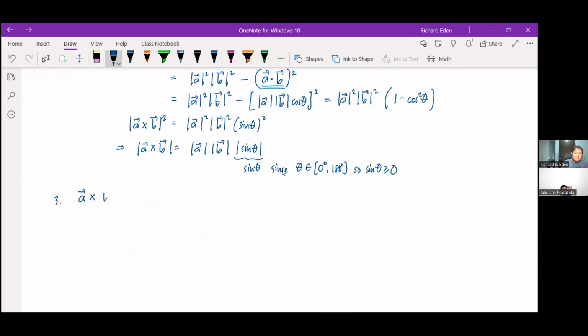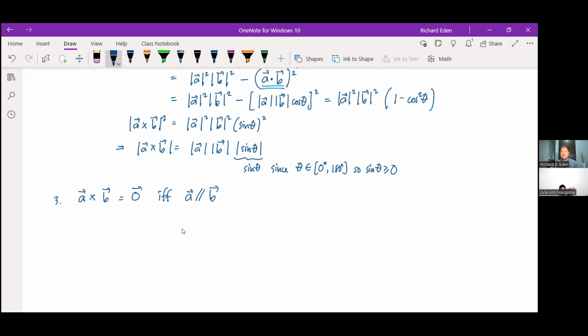A cross B is the zero vector if and only if A and B are parallel to each other. Okay. So actually, we've already seen a situation where the cross product turned out to be 0, and that happened when A and B were the same vector.